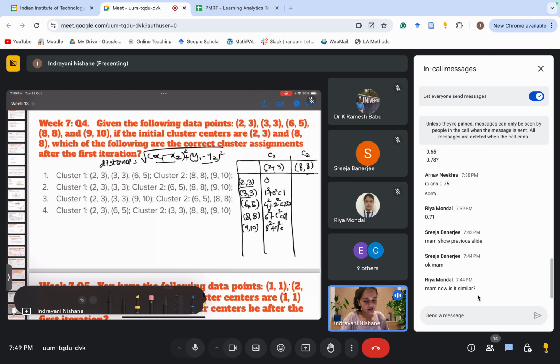Wait, calculation mistake, this is 7 square plus 7 square, so 49 plus 49, 98.